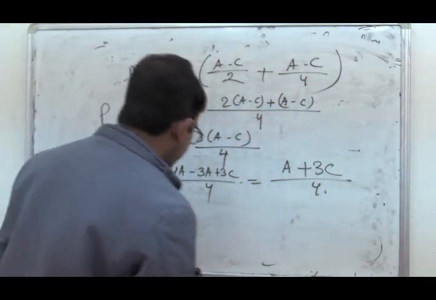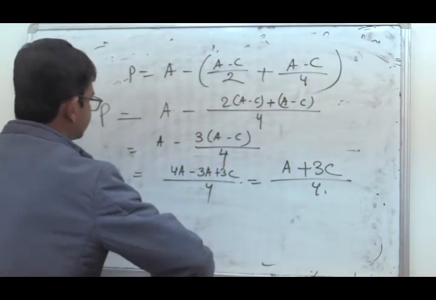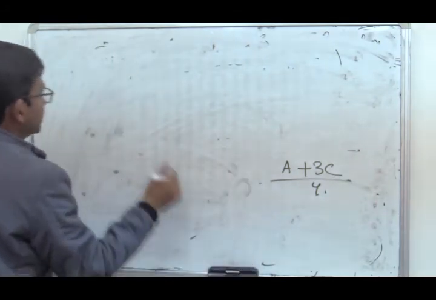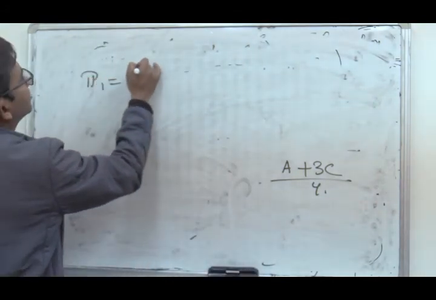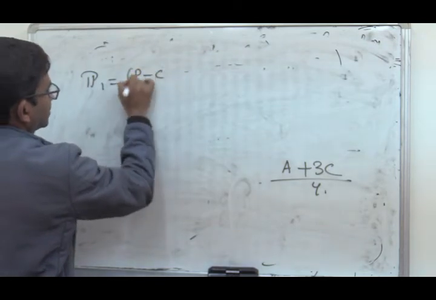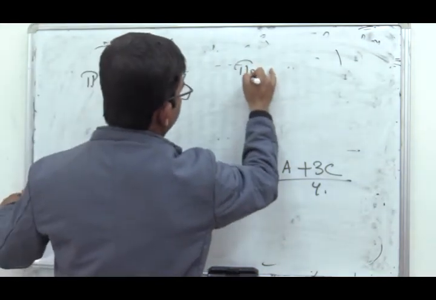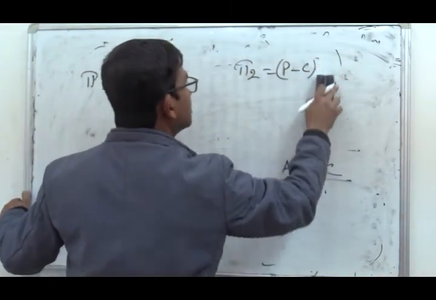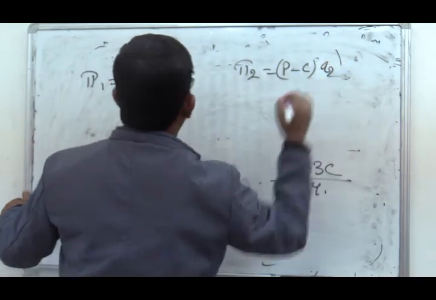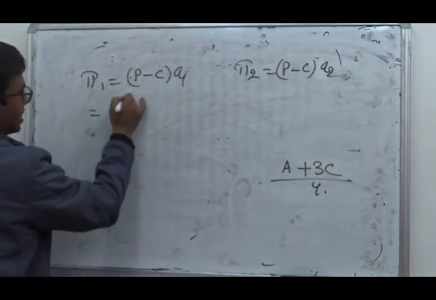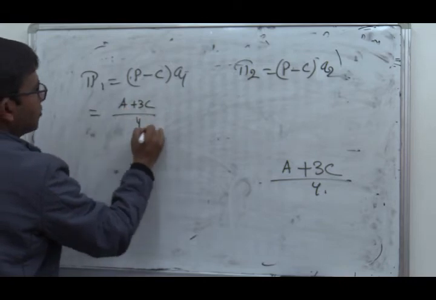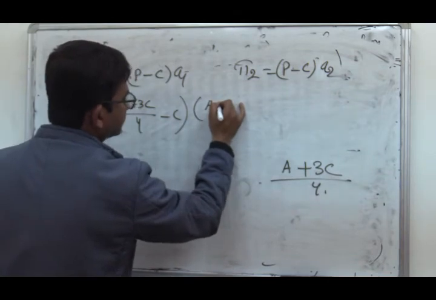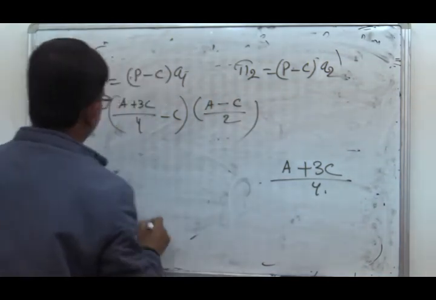And now what will be the payoff? If marginal cost is fixed, then pi 1 equals (P minus C) into Q1 and pi 2 equals (P minus C) into Q2. So P minus C means (A plus 3C) by 4 minus C, into (A minus C) divided by 2.